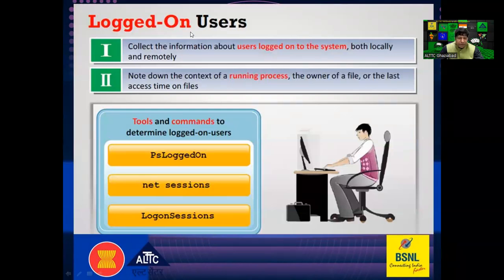Tools and commands to determine logged on users are the traditional ones: PsLoggedOn, net session, and LogonSessions. These are the most popular, and for the last 12 years have been continuously used for Windows forensics.